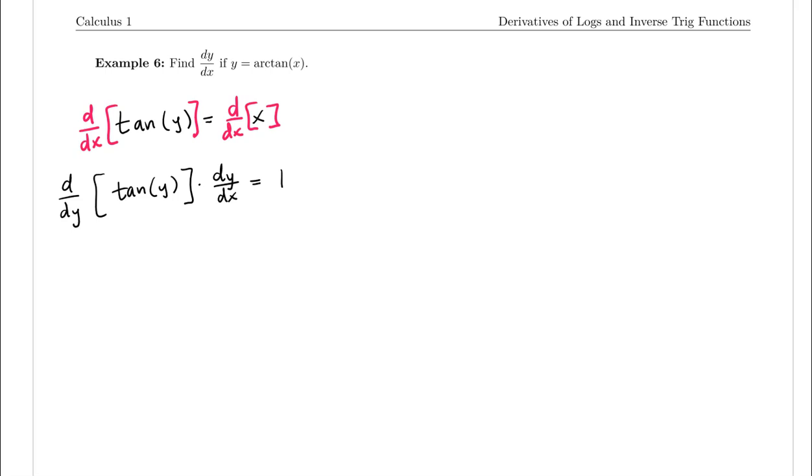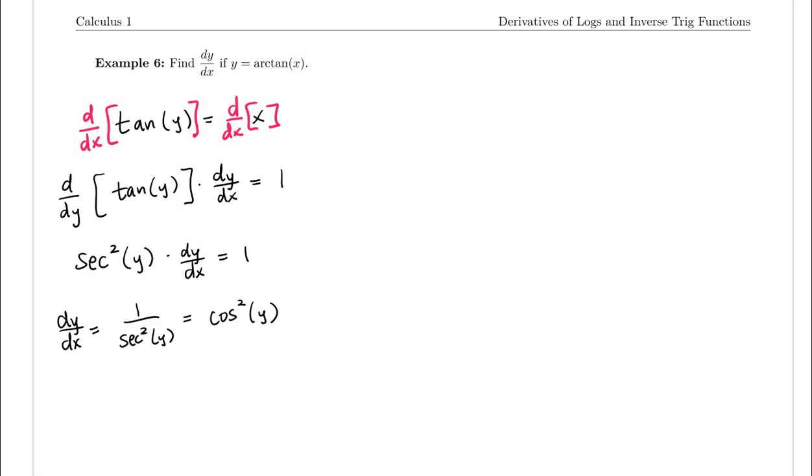Now we want to take the derivative of tangent, so that will give us secant squared y times dy dx is equal to 1. If I isolate dy dx, then we get dy dx is equal to 1 over secant squared y, and using trigonometric identities, and more specifically the reciprocal identity, this is the same thing as cosine squared y.